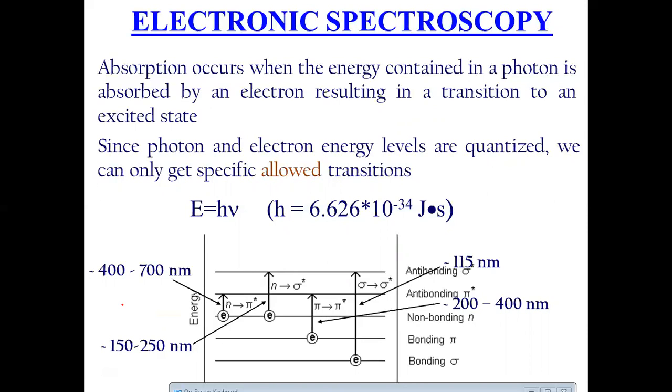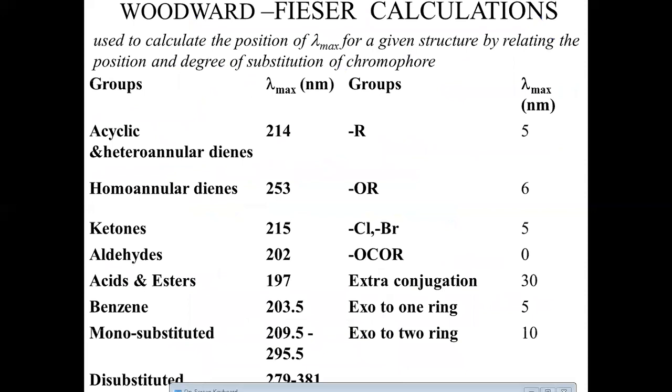Especially in organic compounds, the electron resides either in the sigma, pi, or non-bonding orbitals. So depending upon them, you may have sigma to sigma star, pi to pi star, n to sigma star, and n to pi star transitions possible. But we are just bothered about n to pi star and pi to pi star transitions because they fall in the UV visible region.